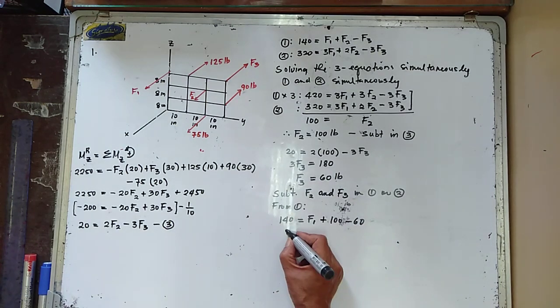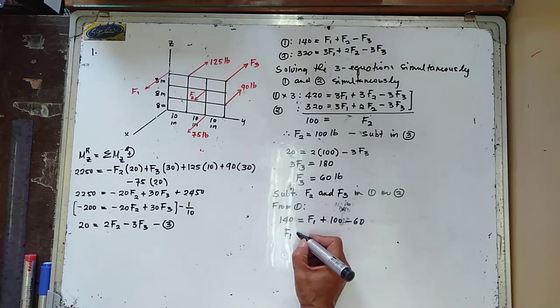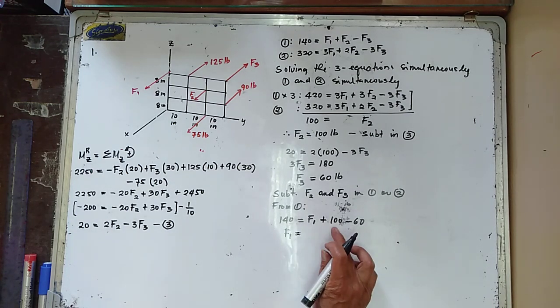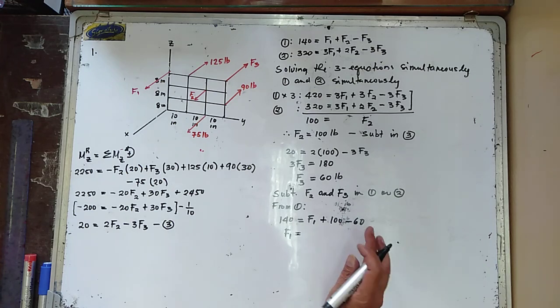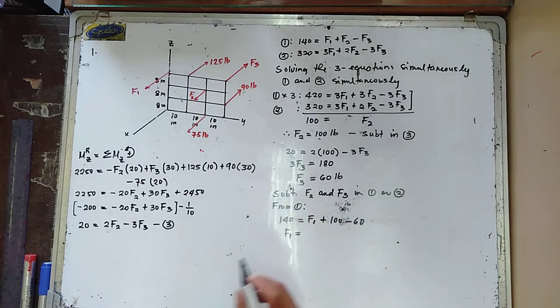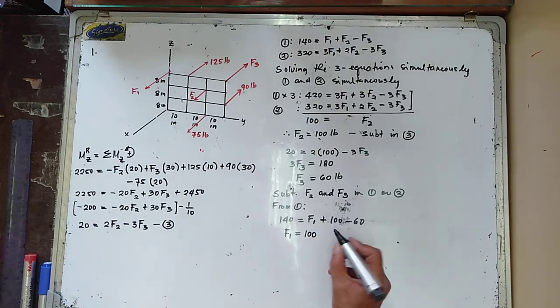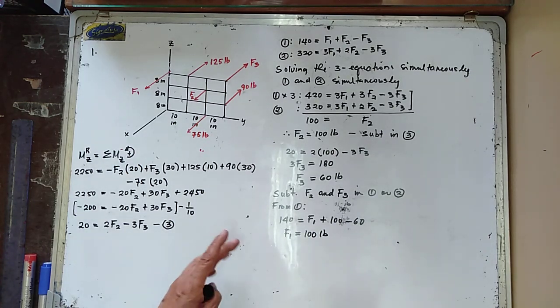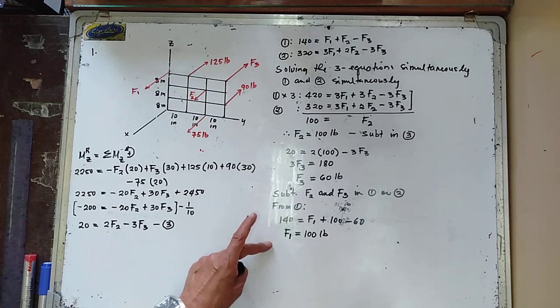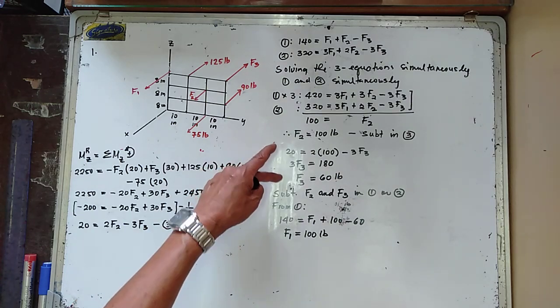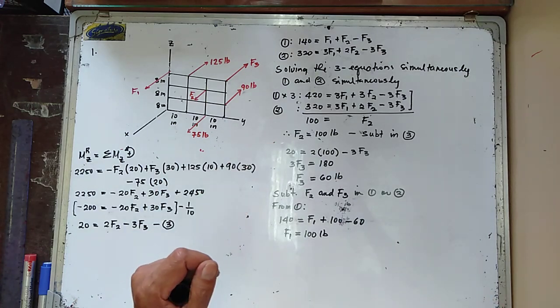Hence, your F1 is therefore equal to 100 minus 60, which is 40. Transpose it: 140 minus 40 is 100 pounds. Okay, so these are therefore the values of F1, F2, and F3.